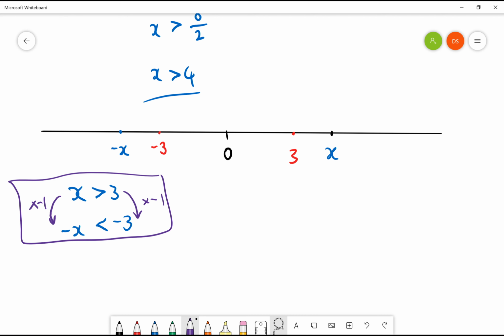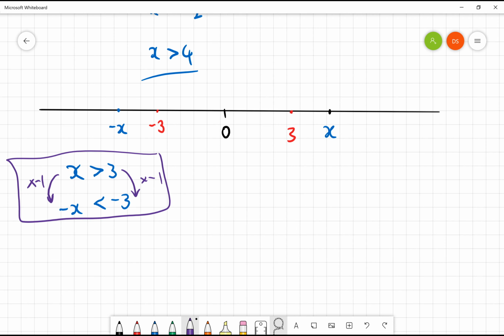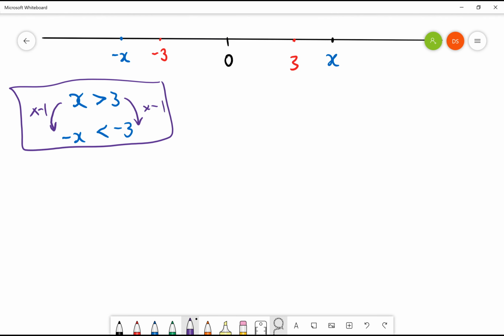Okay? Same if I divide. Okay, so let's try a question that needs this. So I'm going to write it out first.